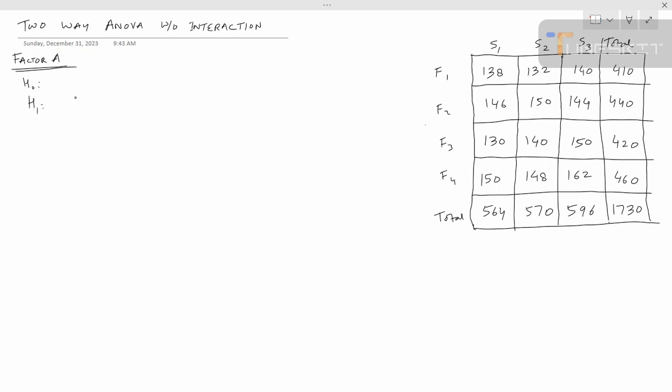So H0 and H1, since we are considering the factors that we have taken in the rows, that is fertilizers, we need to state the null hypothesis and alternative hypothesis for the effect of fertilizer on average yield separately as factor A. So we state H0: there is no significant effect of fertilizer type on mean or average yield.